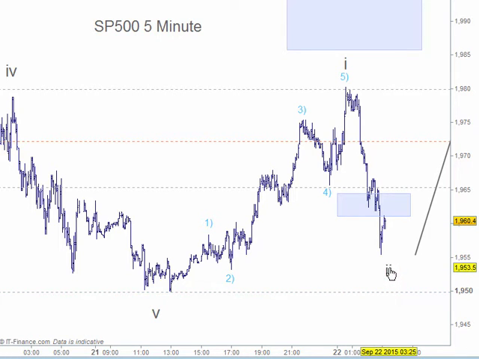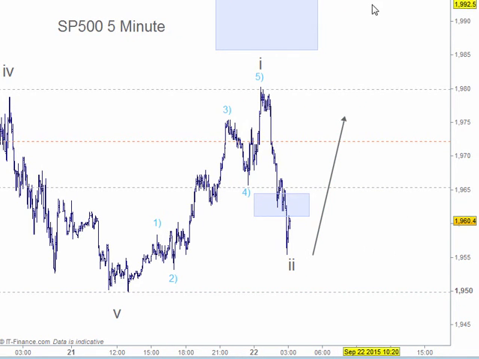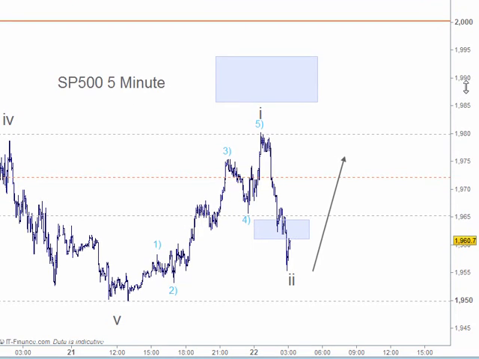So there might even be another little move down here, but the point being is that while it's above this one here, we need to look at this as being wave 2, and then we would look for wave 3, 4, and 5 to the upside. So it's already sort of started, and we can look for those 5 waves now. So that's one count.